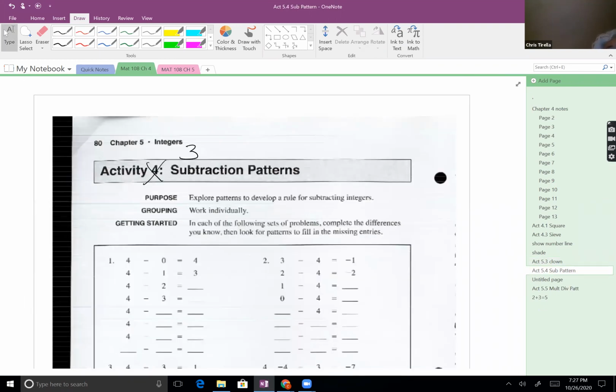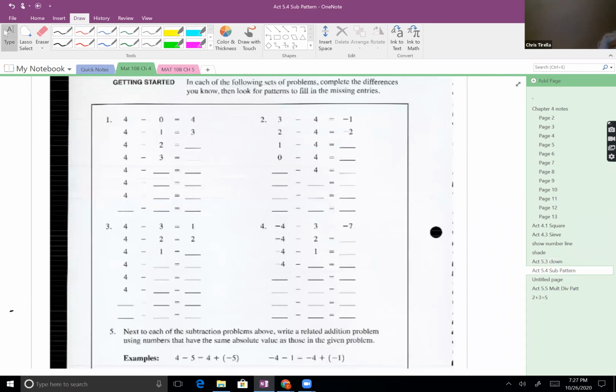So can you folks try to fill in these first 4 and see what you notice.